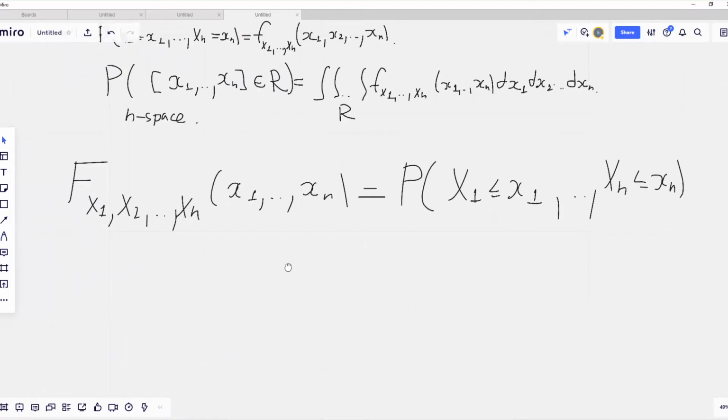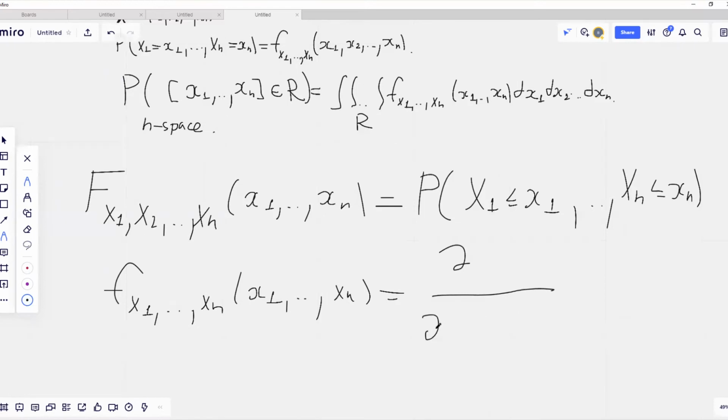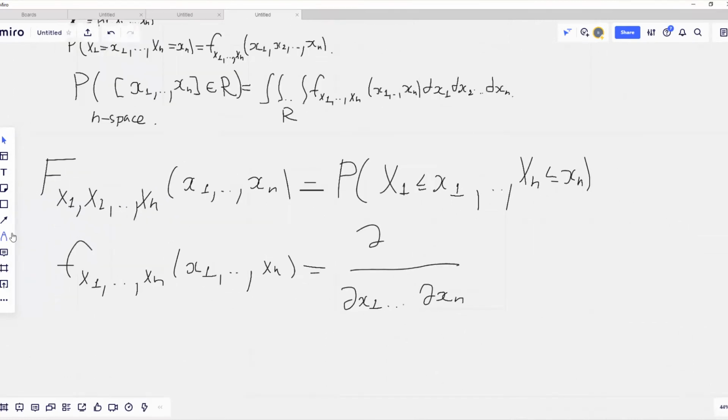And in a case when these random variables are continuous, then we can derive multivariate PDFs from the multivariate CDF by taking the n-th partial derivative of the CDF function.